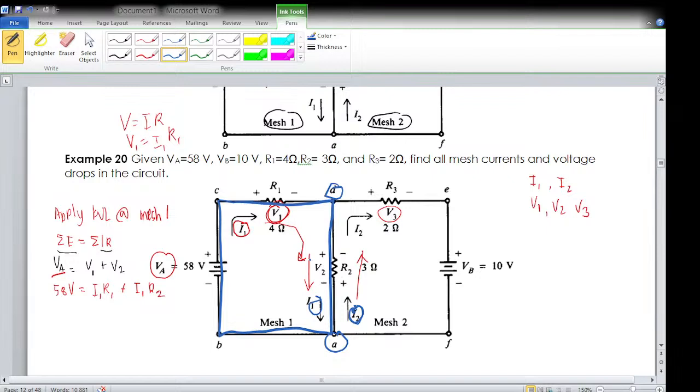Opposite direction, ma'am. Okay, so they are on opposite direction. Now, what do you think will happen to their currents? Will it add or will it subtract? Subtract, ma'am. Okay. Ano kaya yung explanation doon?